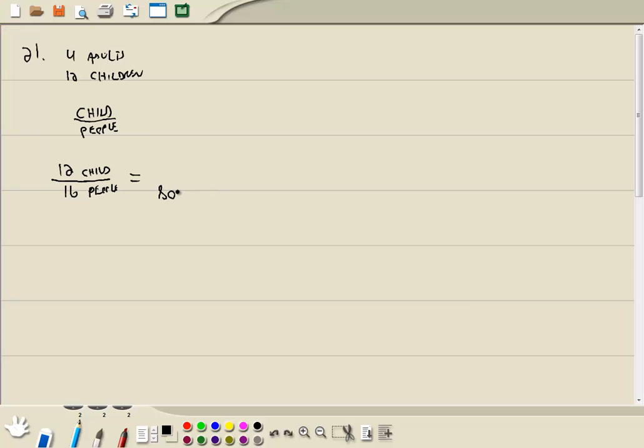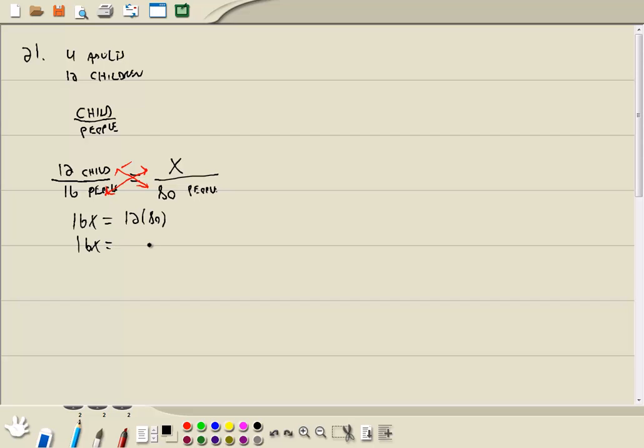So put 80 people. And they're wondering how many children. So that's going to be our x, the children. We can drop the units of measure and cross multiply now. What I mean by cross multiply is we multiply these two together and multiply these two together. So we got 16x equals 12 times 80.